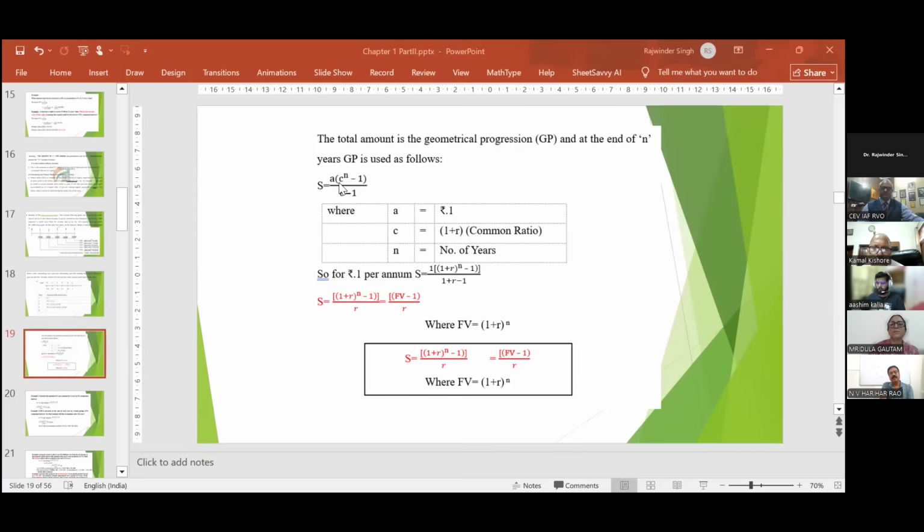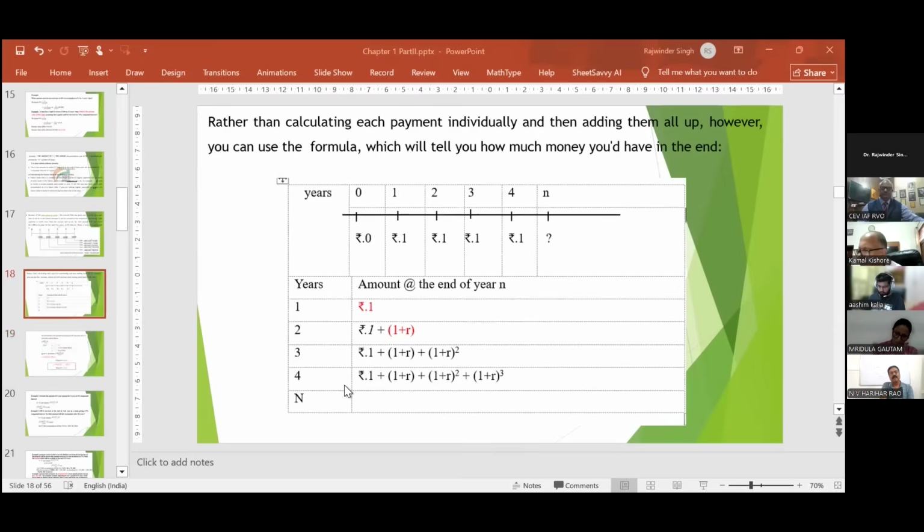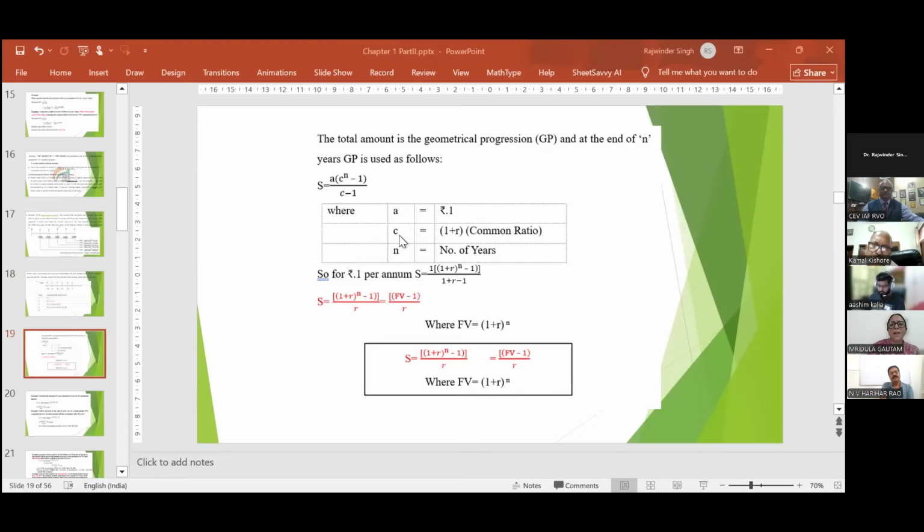The formula is A multiplied by (C raised to power n minus 1) divided by (C minus 1), where A is the first term. What is the first term in this case? 1. C is the common ratio.